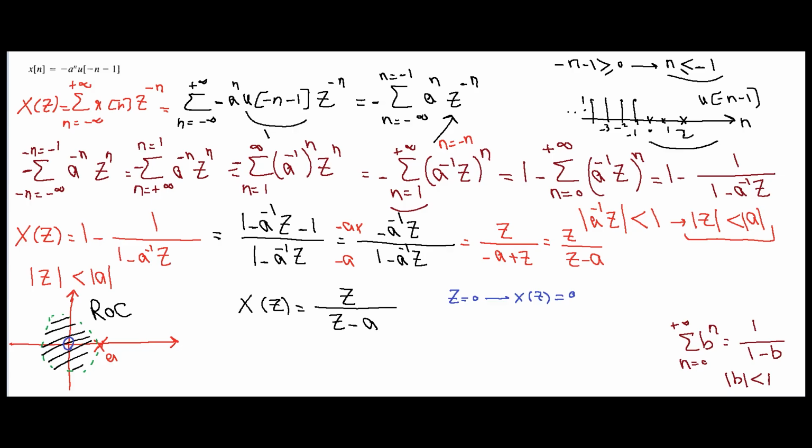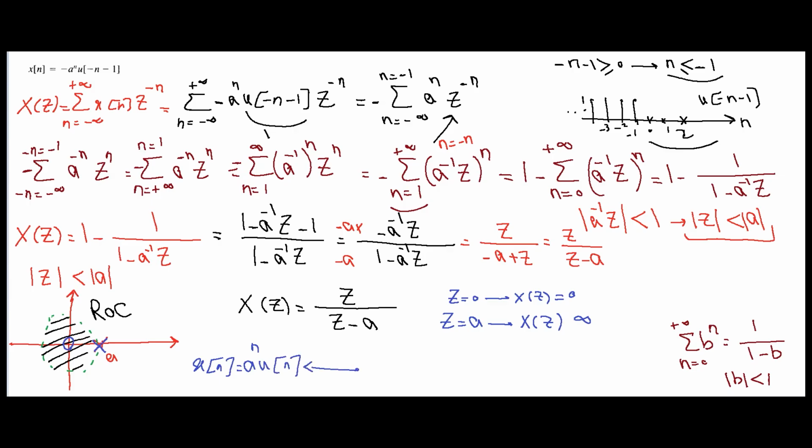On the z-plane, zeros are represented by circles. The values of z that make X(z) approach infinity are called the poles. Here, the denominator becomes 0 when z equals a. Therefore, there is one pole at z equals a. Poles are represented by crosses on the z-plane.